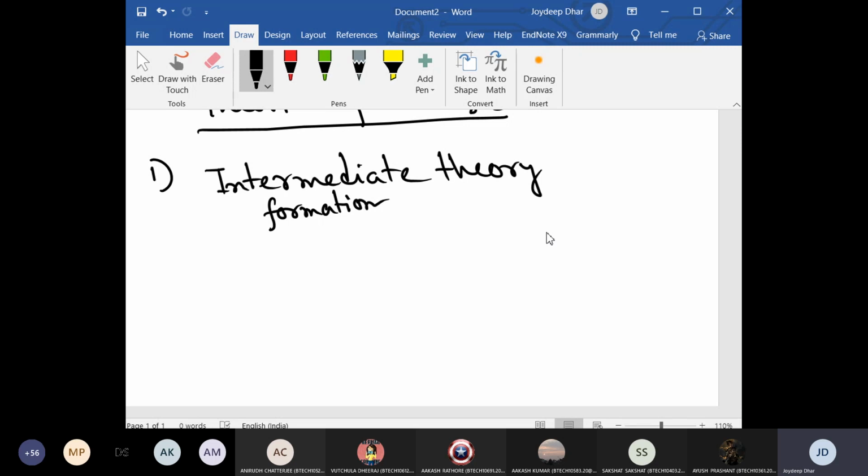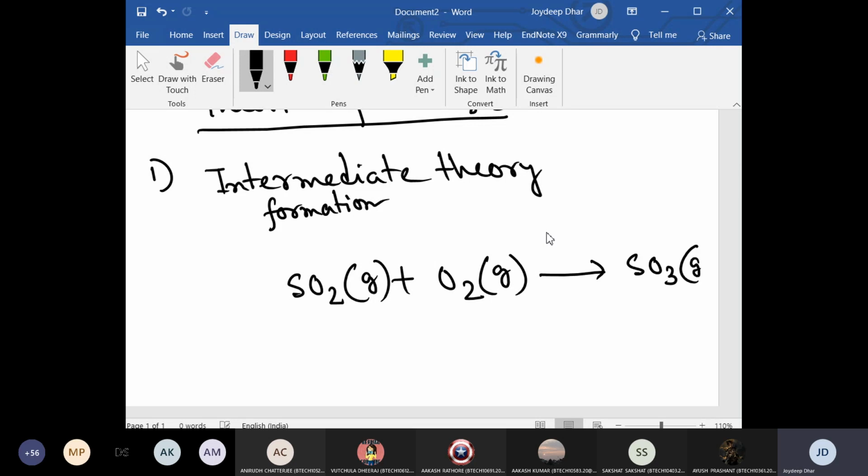Suppose one common reaction, as I was talking about a few minutes back, is the formation of sulfur trioxide, SO3. This is the reaction I was discussing. Sulfur dioxide is important in industry because it gives you sulfuric acid. When SO3 forms, it will further react with water and give you sulfuric acid.